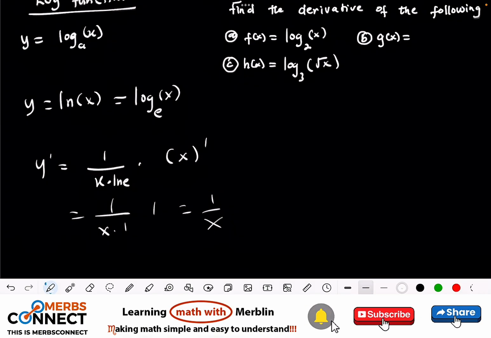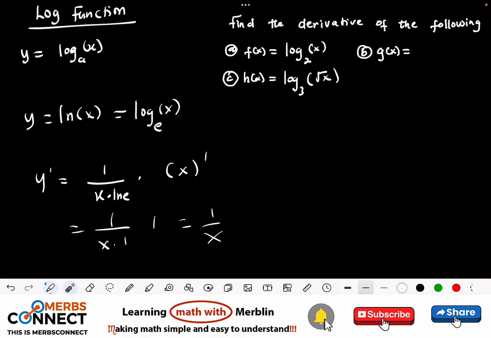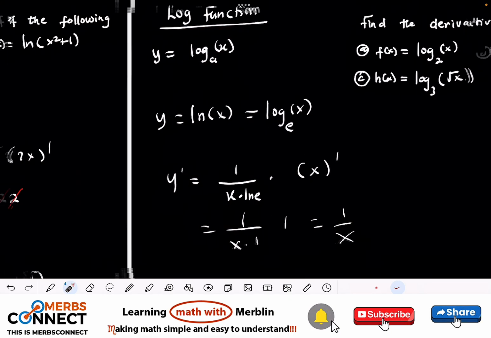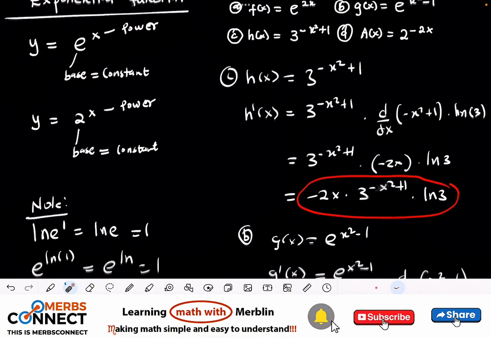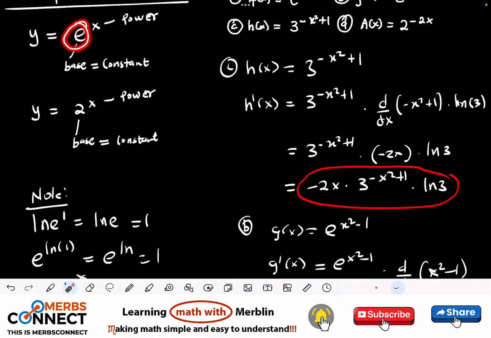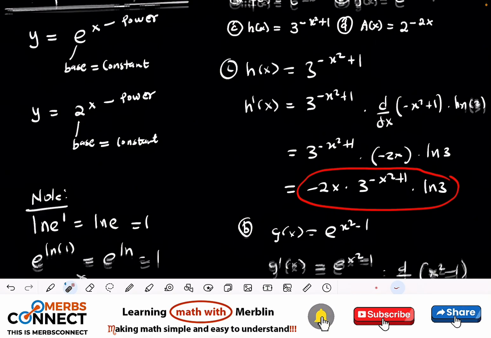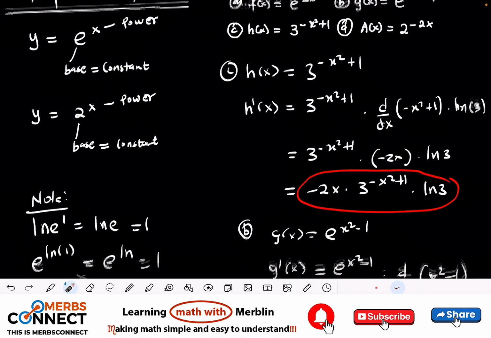Good. So the natural log is this because the base is e, right? But now when we come to the original log, when the base is not e but it is a, it's like when we were differentiating the exponential function, right? We saw that that one will give us 1, but when the base is not e, then it means that we need to multiply it by the ln of the base.